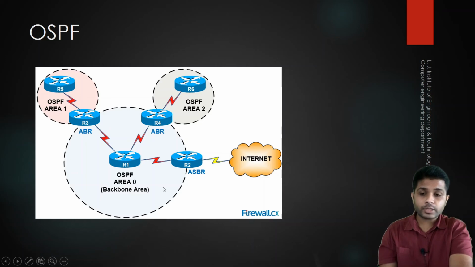They are not the backbone. All the information within the other areas will be shared with the backbone routers. There are ASBR routers, which are the autonomous system border routers, and they will share information within the area or to the internet.